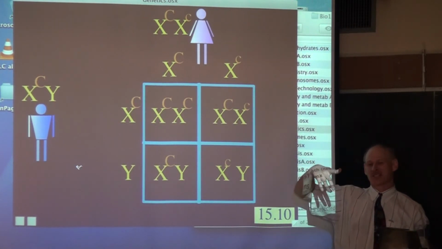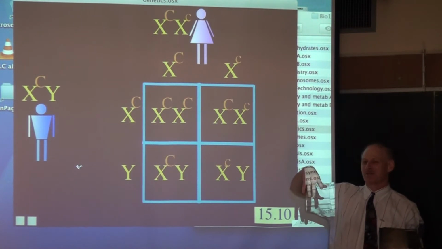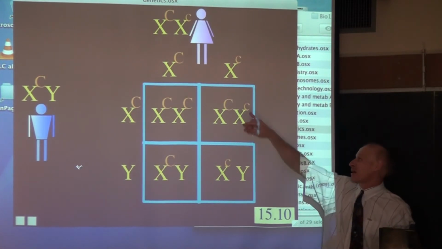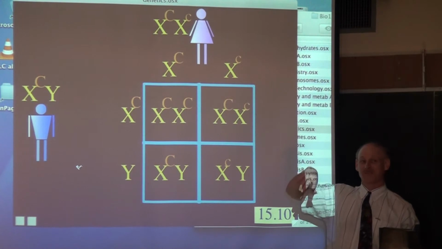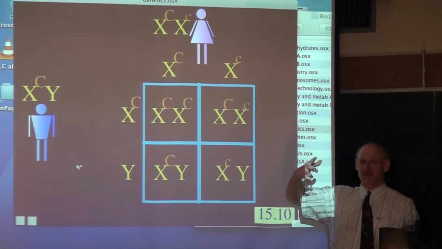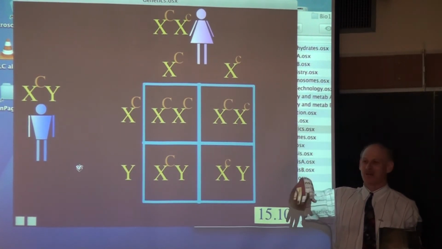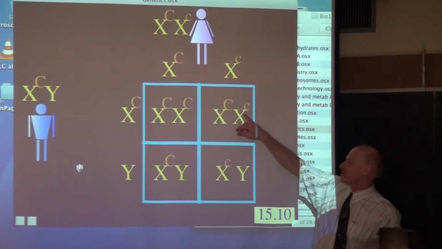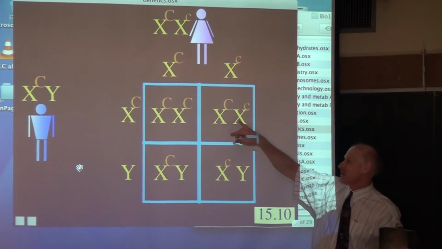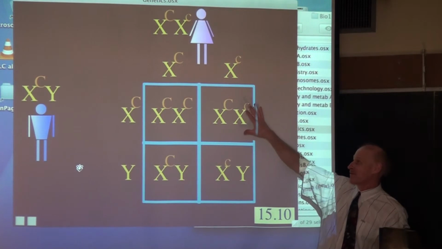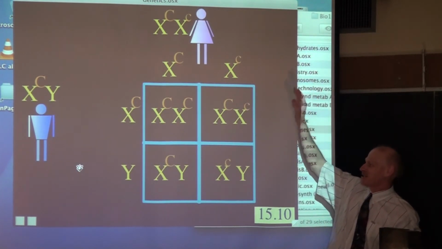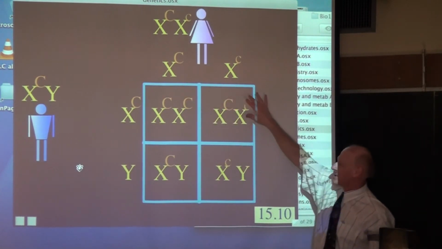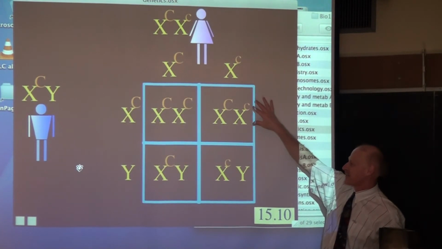I think I gave you an analogy last time that one time I found a $20 bill, so that's a rare event, but the chances of you finding two $20 bills on the same day is astronomically small. So the chance of getting two recessive alleles, one from each parent, is negligibly small. So females very rarely show up with these recessive sex-linked diseases.